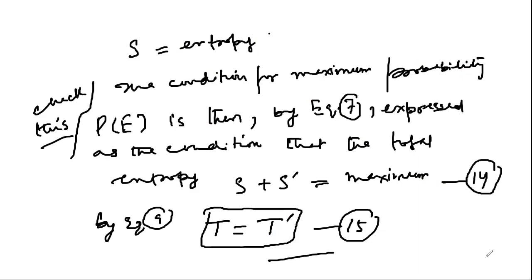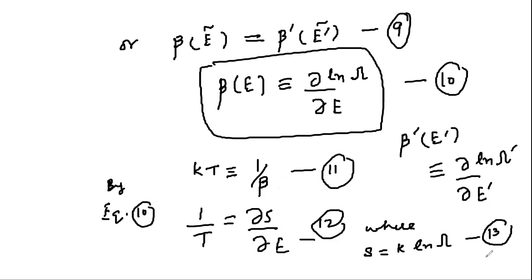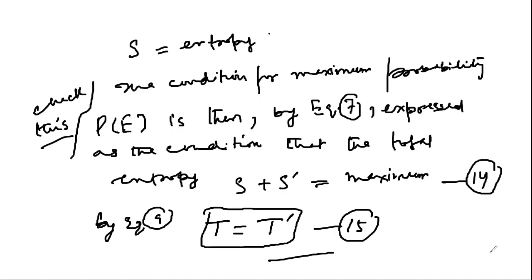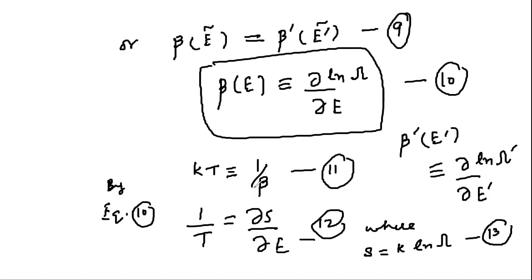Another thing I need to tell you: in the previous lectures till now, we have defined beta. Let me write it in red here. We have defined beta as minus 1 over kT, or kBT, but here we are defining it as 1 by kT, not minus.